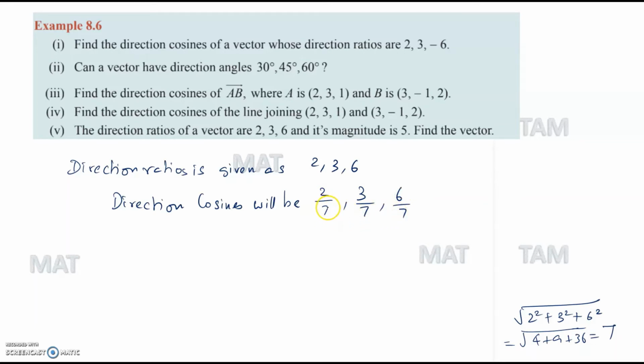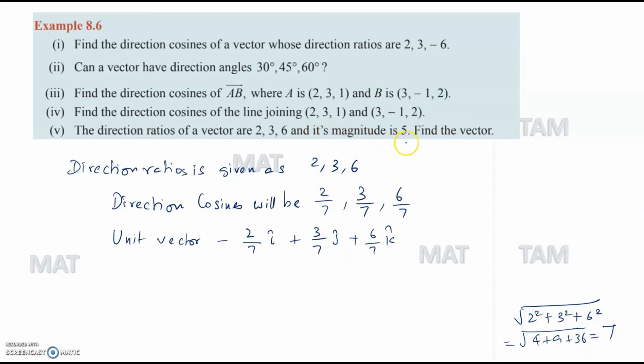We know that if this is our x, y and z in a vector, then this is a unit vector. So the unit vector can be written as 2 by 7 i cap plus 3 by 7 j cap plus 6 by 7 k cap. This would be a unit vector with the same direction angles of the required vector here.